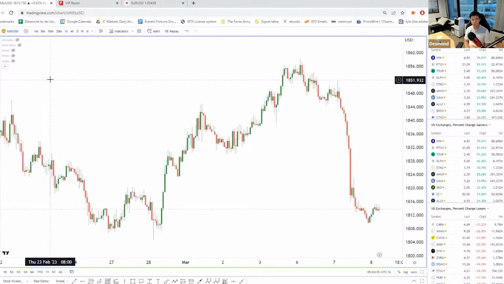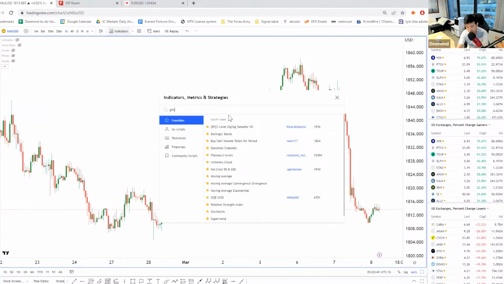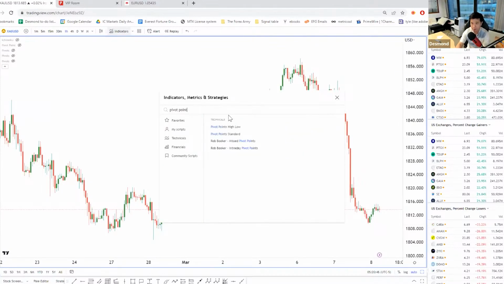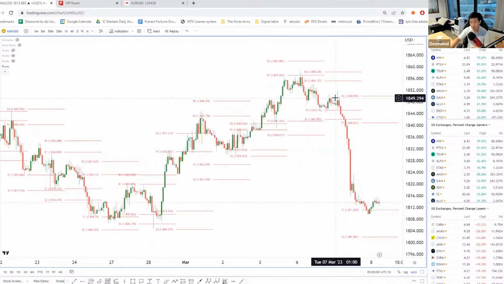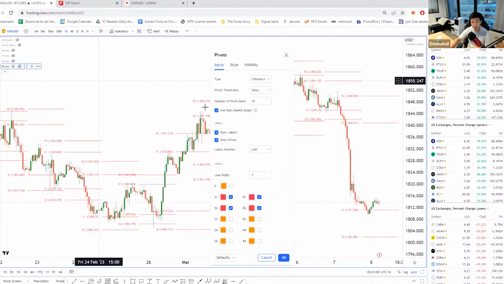One of the nice things about TradingView is that you have a lot of access to indicators. So you can click indicators over here and type in pivot point. The one that you want to select is the standard pivot point. When you select it, a whole bunch of stuff appears where you can edit, show and hide. When you press the gear icon, you get to edit it a bit.